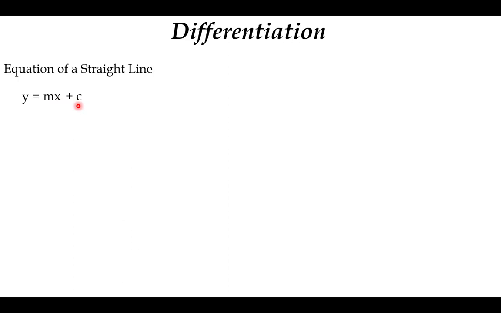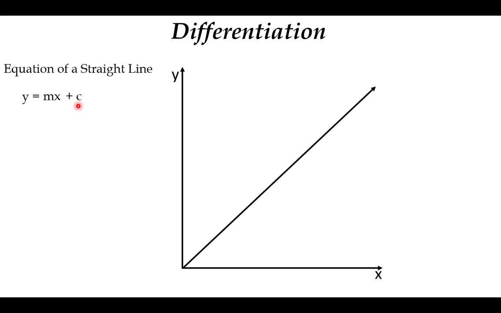Based on this, let us draw a simple straight line graph. We have our y-axis, our horizontal or x-axis, and a straight line running from the origin. Based on this graph, we can see that our intercept is equal to 0, because our intercept is where this straight line cuts across either the y-axis or the x-axis.